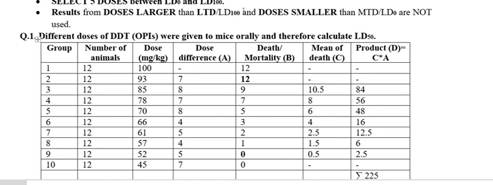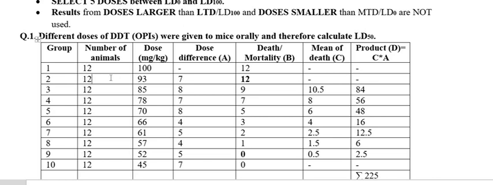What is LD100? It is the dose at which 100% mortality is there. That means the number of animals is 12, so mortality should be 12. Here this one and this one are LD100, but we have to see which one is the minimum dose at which the percentage of mortality is 100%. So this 93 mg per kg DDT is producing 100% mortality, meaning 12 animals died.